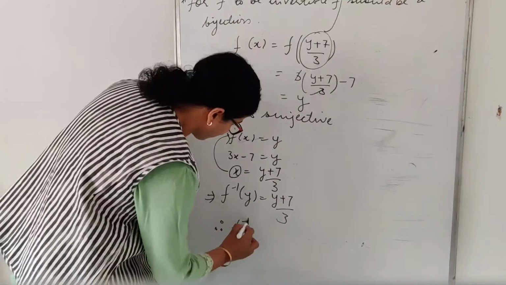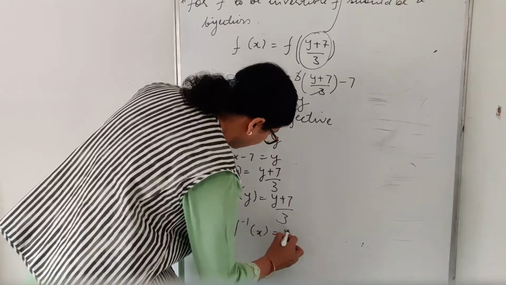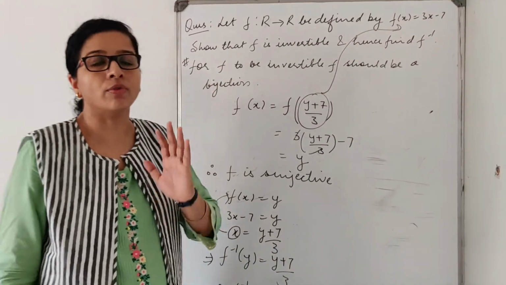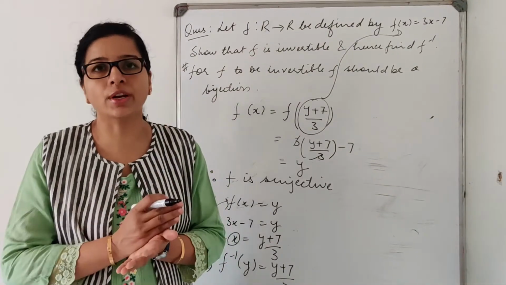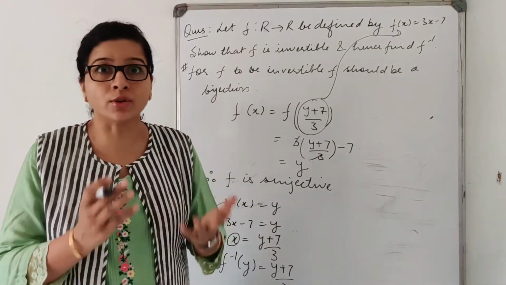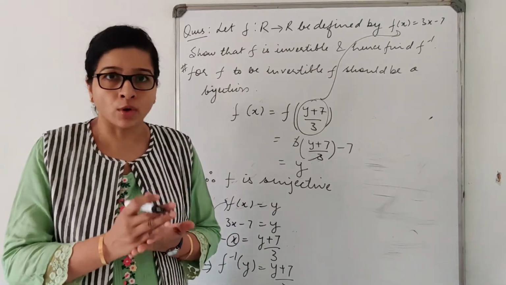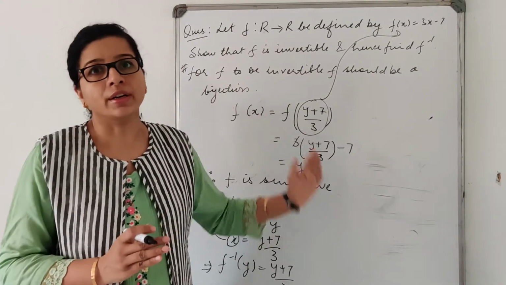Hence f inverse of x is equal to (x + 7)/3. So first of all, we have to check whether f is invertible if it is not given. So first check f is invertible. For invertible, one-one and onto, and then find the inverse.